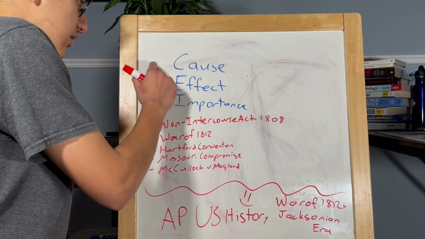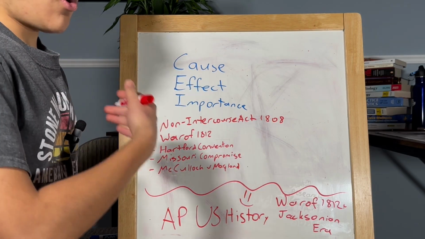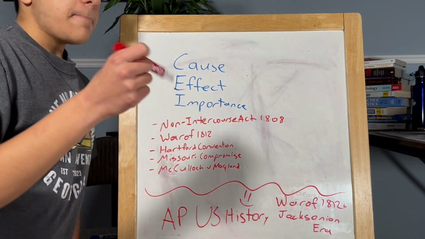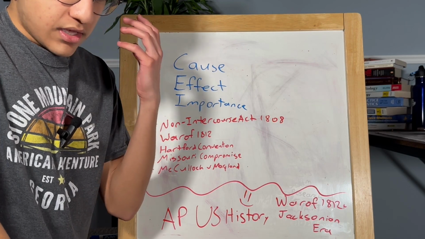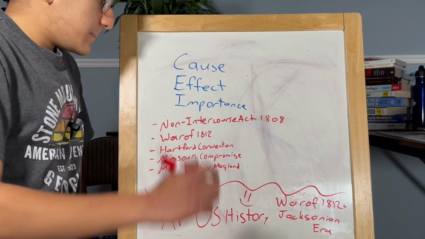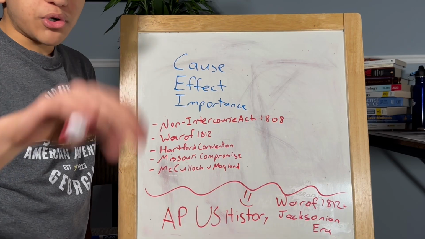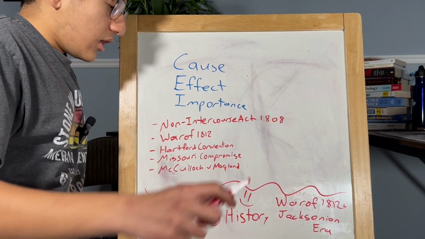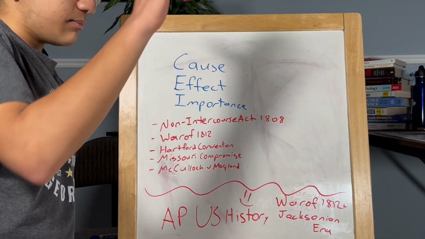Specifically, what it did was reopen trade with all nations except the French and British, unless they decided to stop impressing and accept the neutrality of the U.S. Now, the French had the Milan and Berlin decrees made by Napoleon, of course, and these put a blockade on Britain.